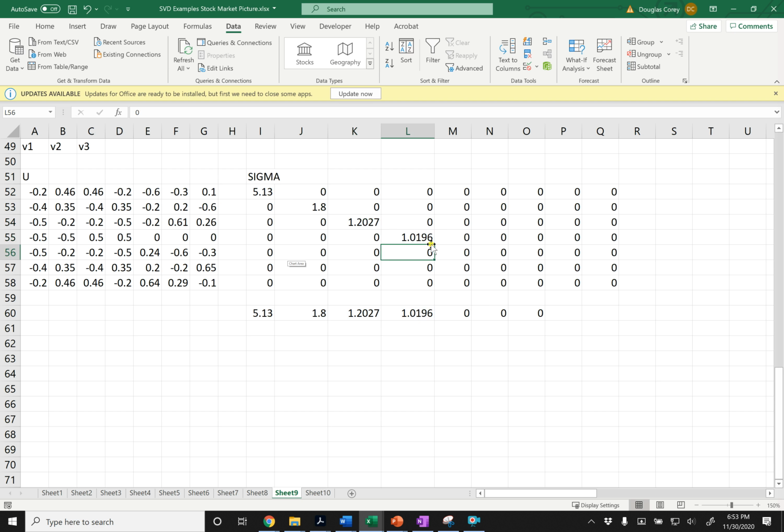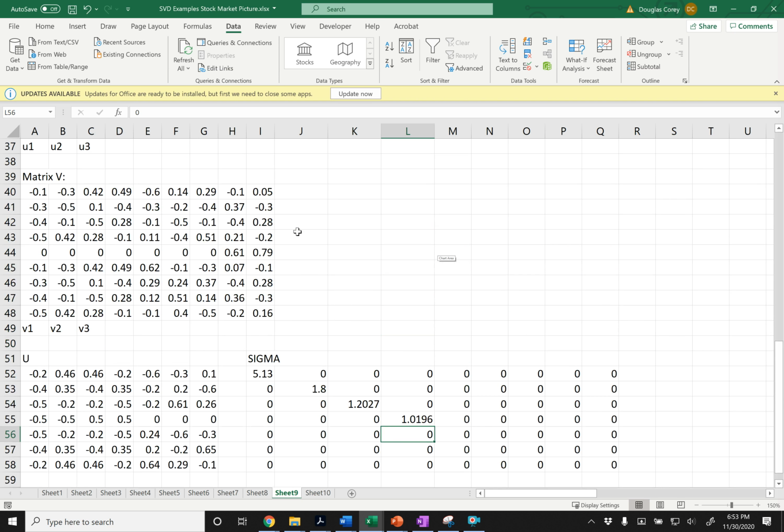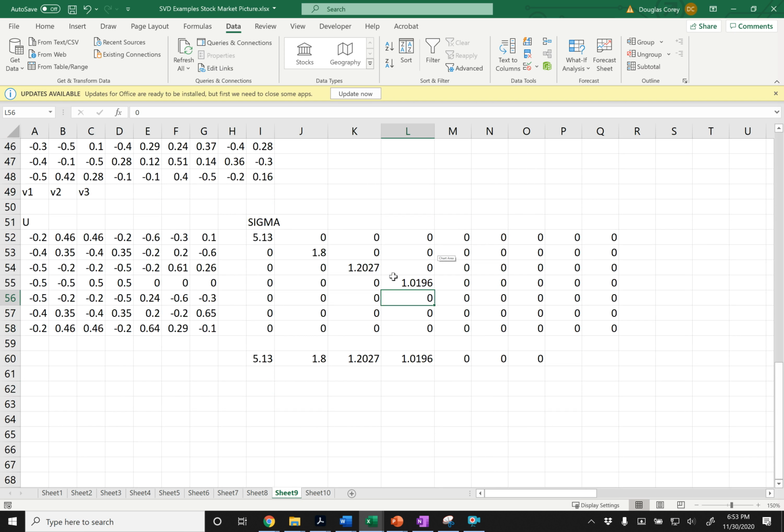And one thing this tells us is that we have some redundant information in here, and in fact, if I understand this right, I only need 4 vectors of u and 4 vectors of v to get all the information in our matrix. So yeah, if I understand right, that's all we need.